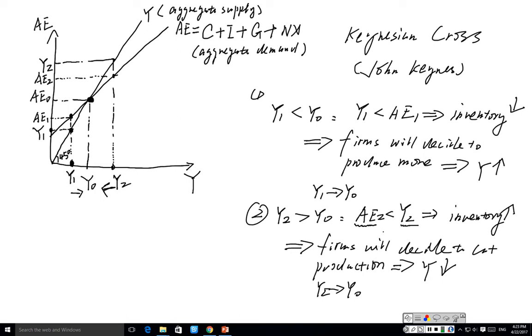So the Keynesian cross tells you the equilibrium in the market for goods and services. No matter whether the GDP or total output Y1 or Y2 is smaller or greater than Y0, the whole society will move automatically back to the equilibrium point Y0 and AE0. So Y0 here tells you the equilibrium output in the goods market.